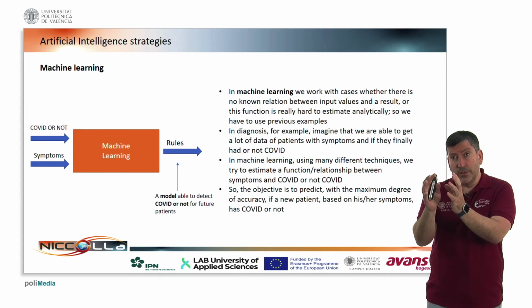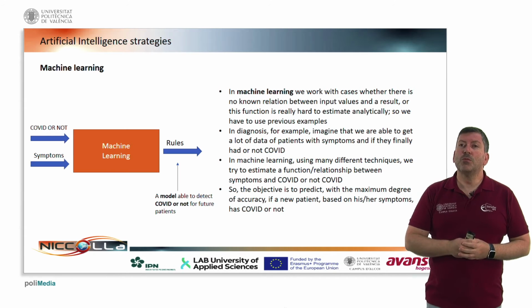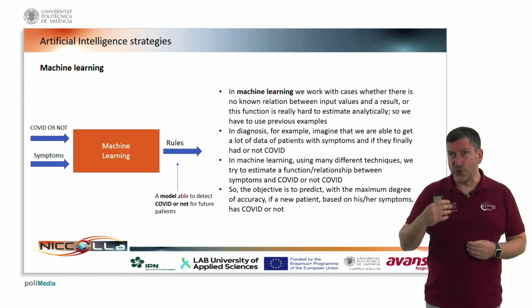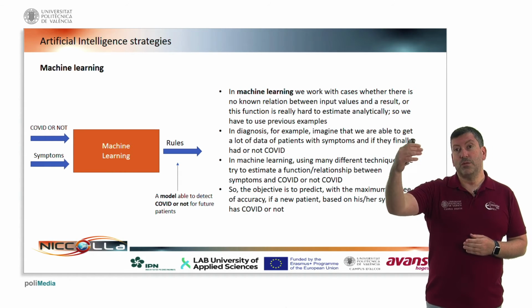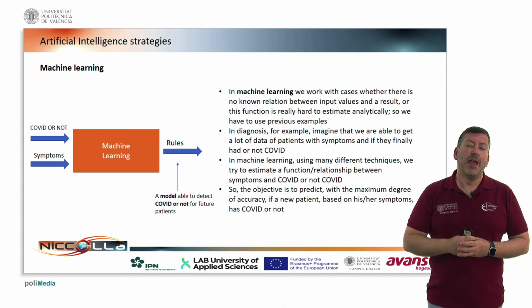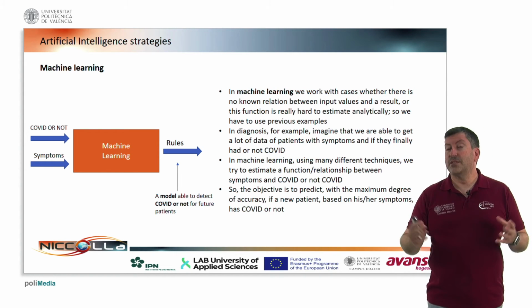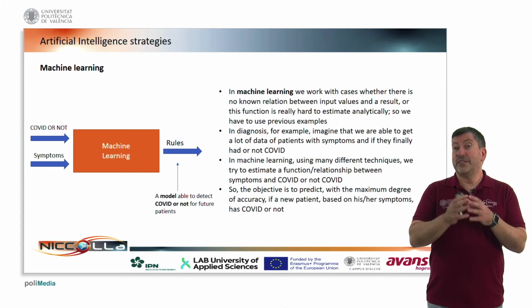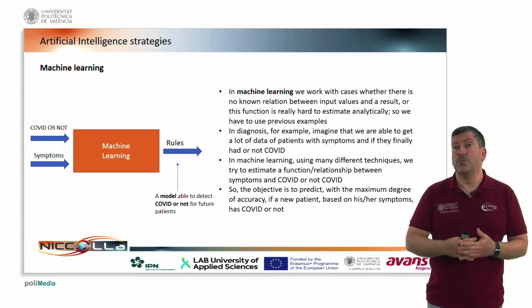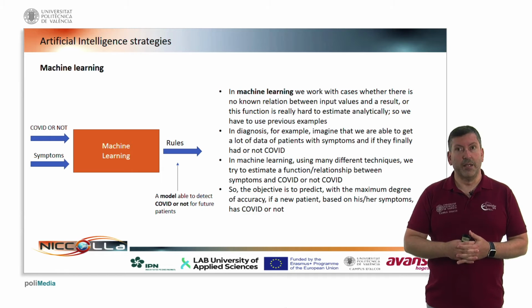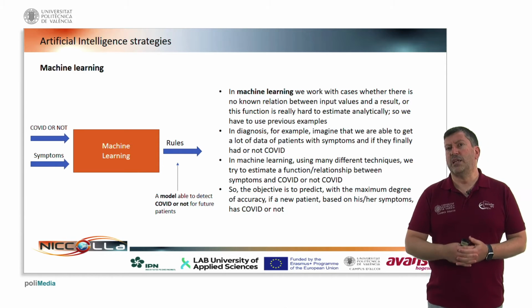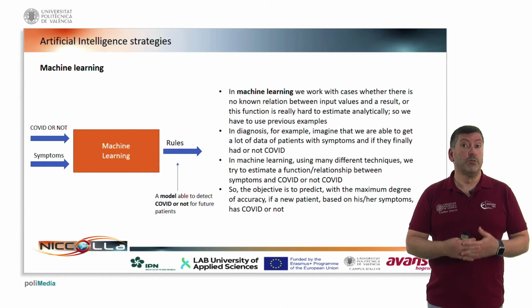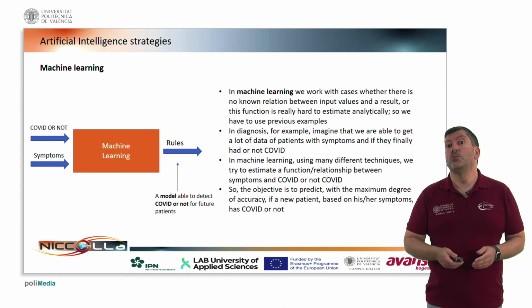So finally we are going to get a model that we will be able to use in the future, in front of new cases. And believe me, if we do things in the right way, this artificial intelligence system based on machine learning is going to be able to provide results of high accuracy, helping us, of course, to know what to do in front of a patient with these symptoms.